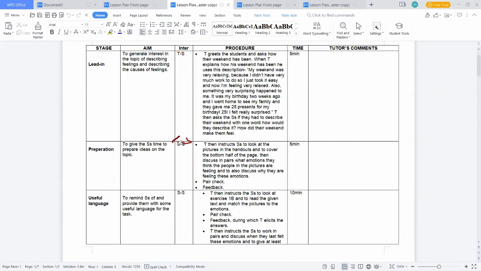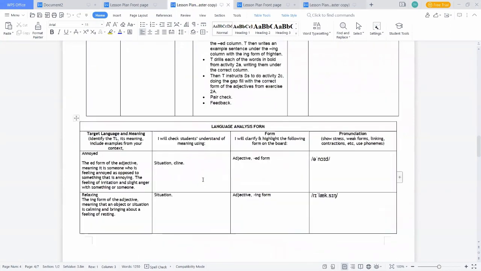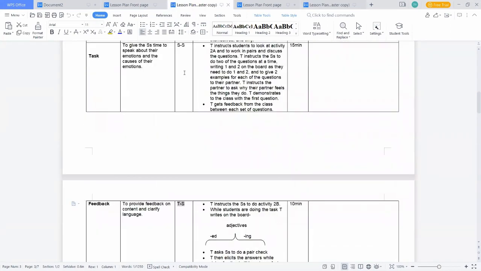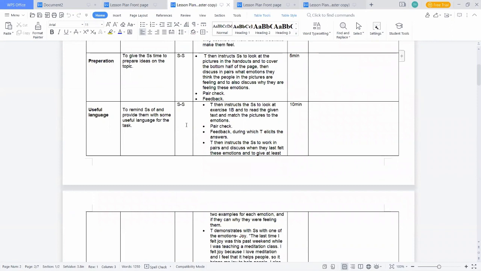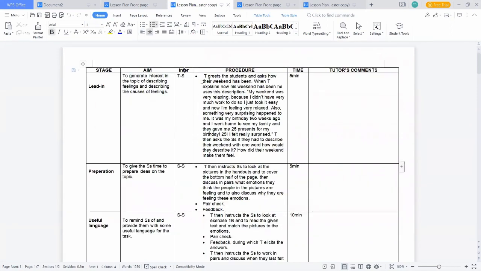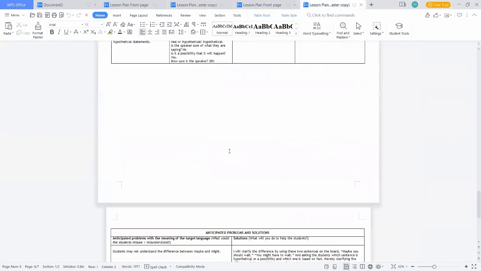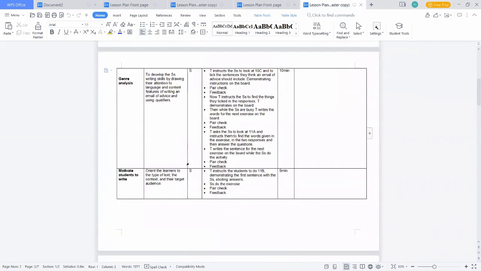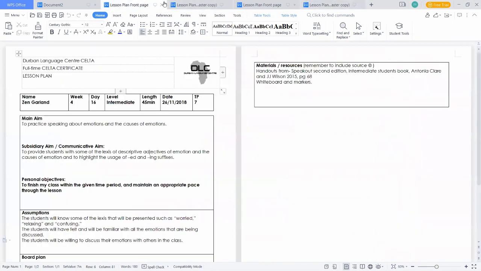Student-student is the students talking to each other. Usually those are the main interactions. You also get plain student interaction, where they're just doing individual tasks on their own.